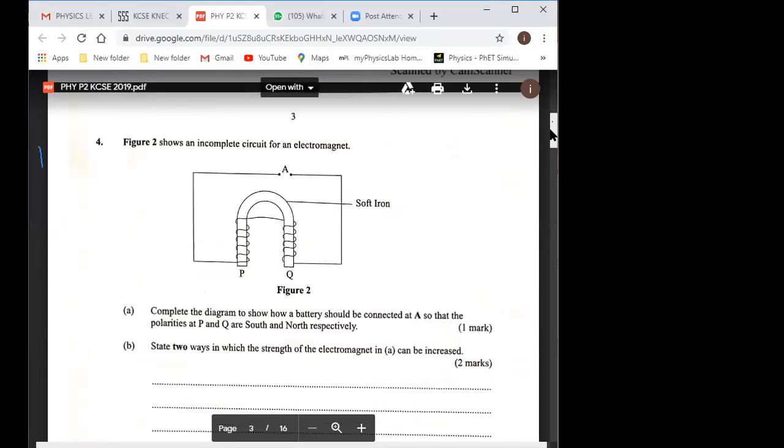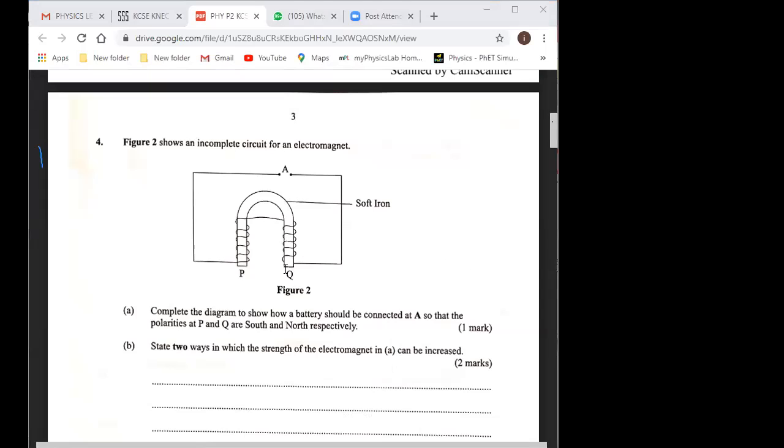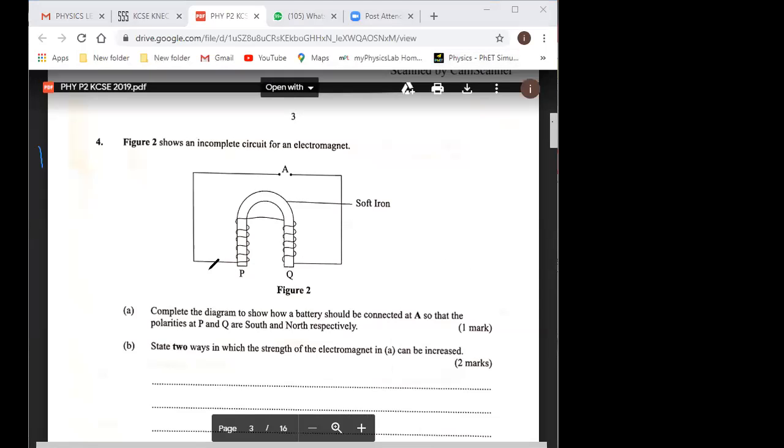Number 4. The figure shows an incomplete circuit for an electromagnet. Complete the diagram to show how electricity should be connected so that the polarities of P and Q are south and north respectively. In this case, P is to be south, Q north.